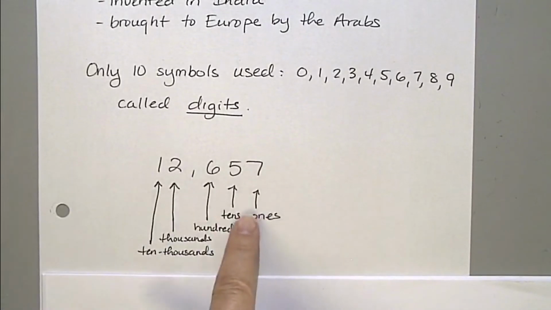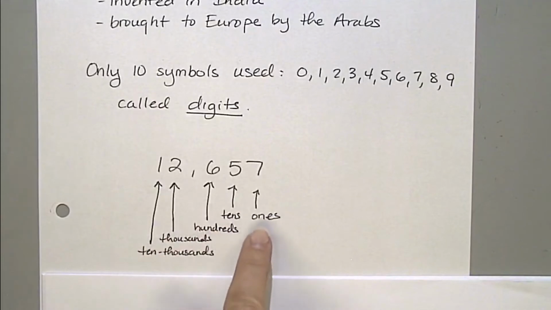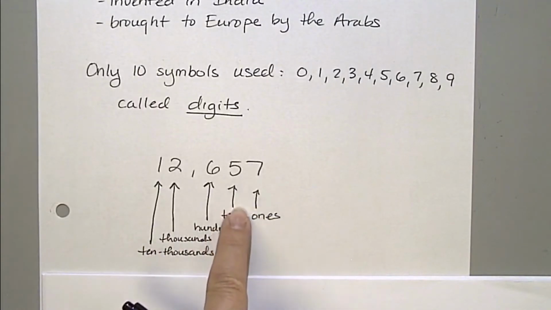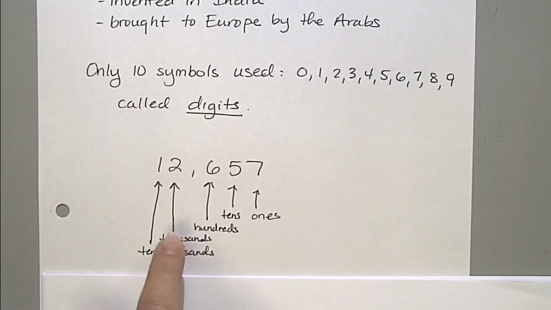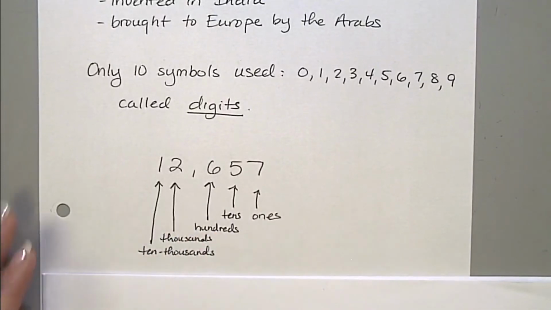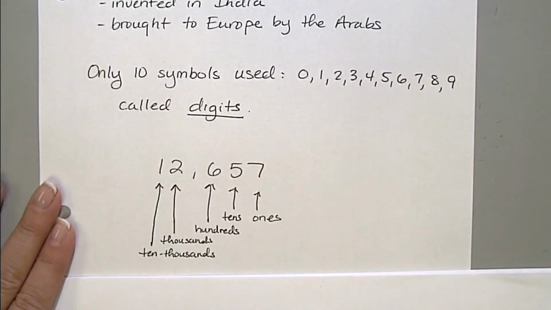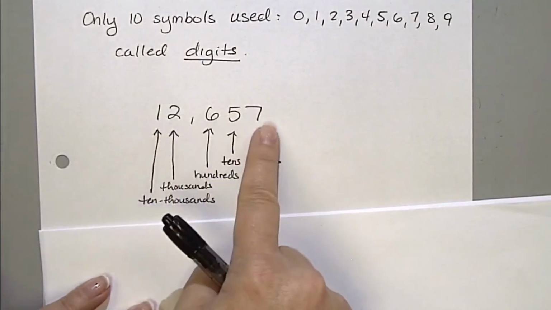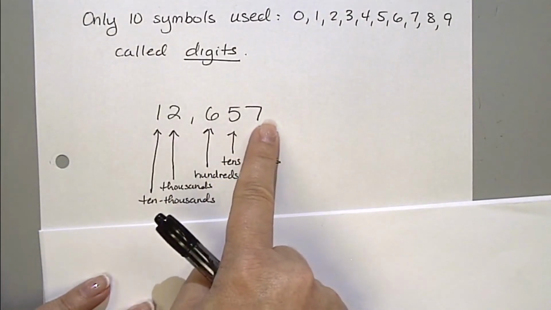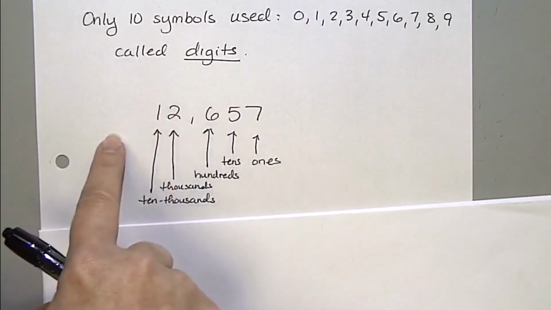Notice that as we move from right to left, we're going up a multiple of 10. 1 times 10 is 10. 10 times 10 is 100. 10 times 10 times 10 is 1,000, and so on, 10,000. So we're going up by multiples of 10, and we use 10 symbols in this numeration system. To determine the number represented here, it's based on what position these digits are in.